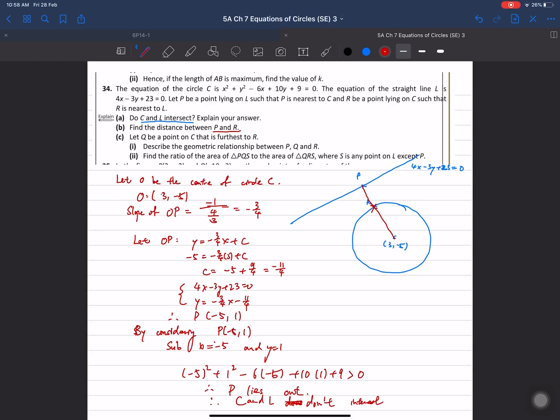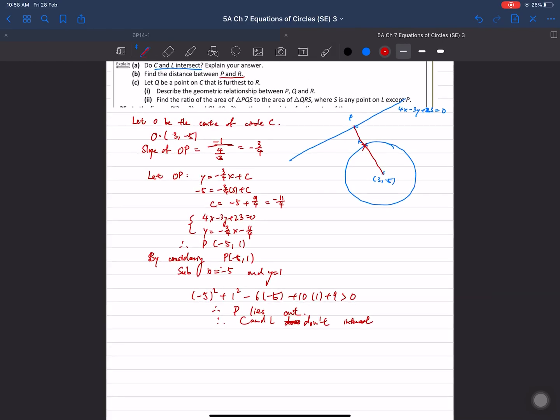So OP is equal to the square root of (-5 minus 3) all squared plus (1 minus -5) all squared, which is equal to 10.